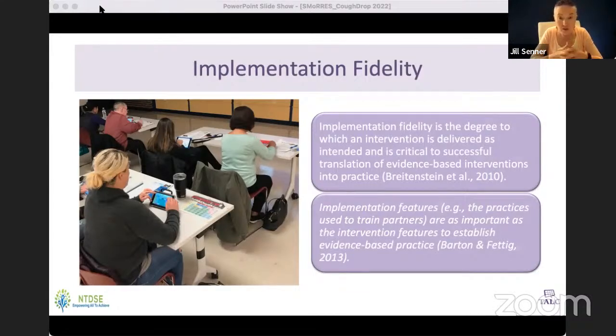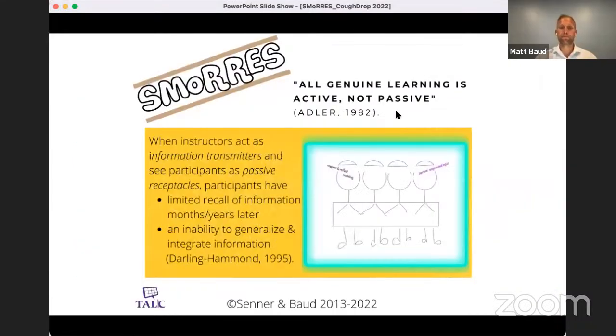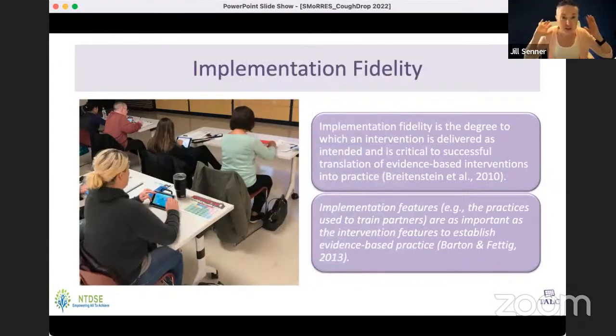So if you're learning about a specific strategy, it's really important to understand that you have to implement it exactly as it's designed, in other words, with fidelity, in order to be able to use that evidence-based practice in the classroom. So implementation features, in other words, the practices used to train our partners, are as important as the intervention features to establish evidence-based practice.